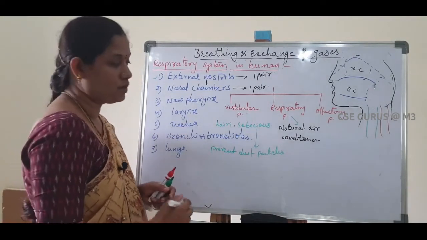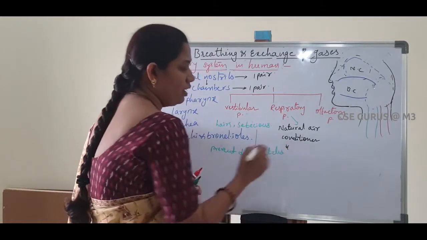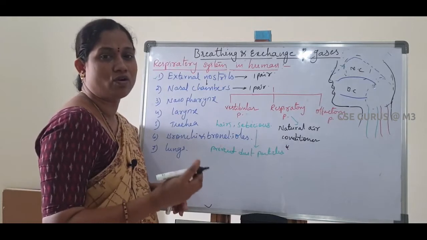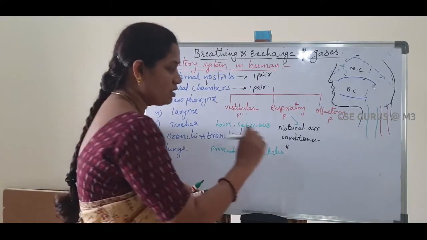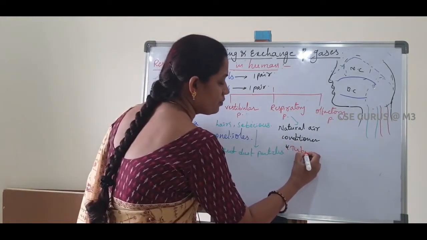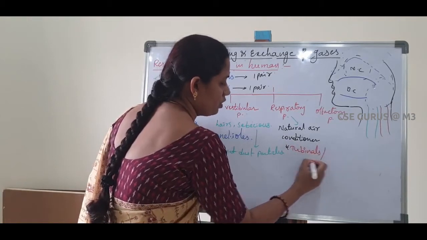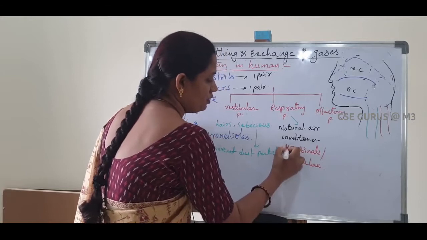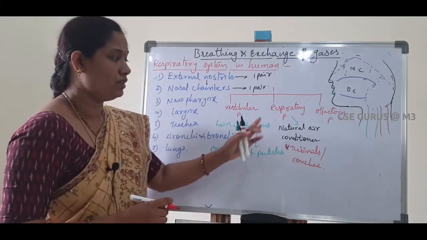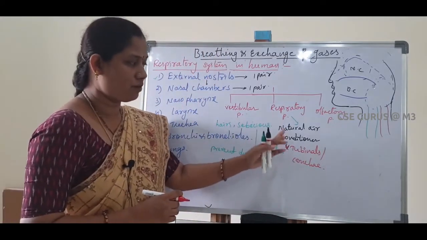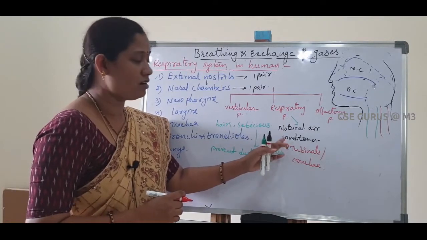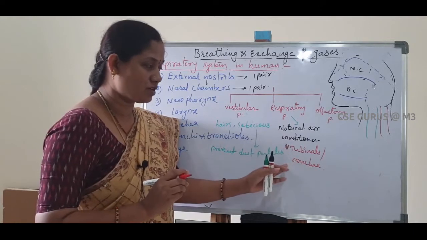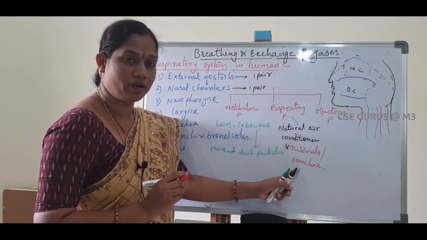Also in this region, 3 small twisted or coiled bones are present. These are called turbinals or conchae. This is the important point in it.